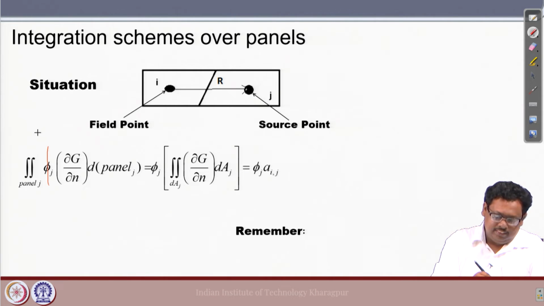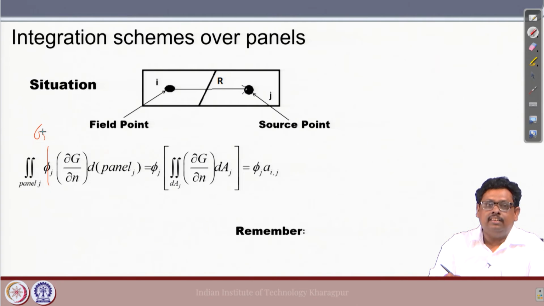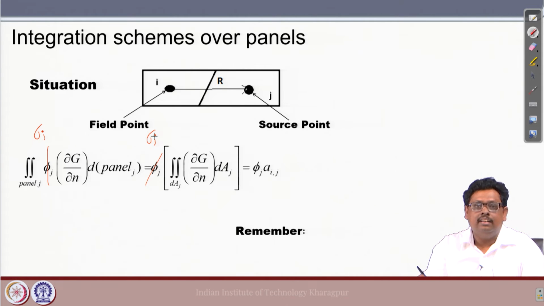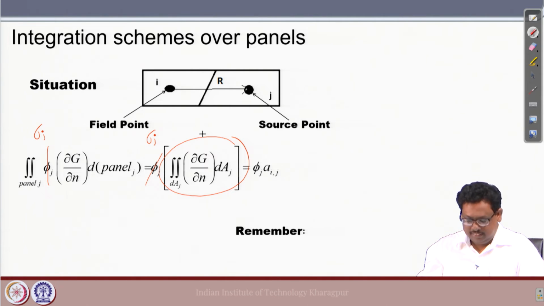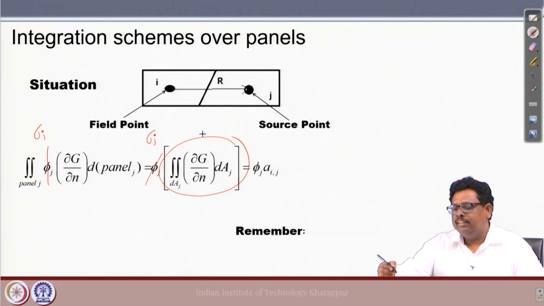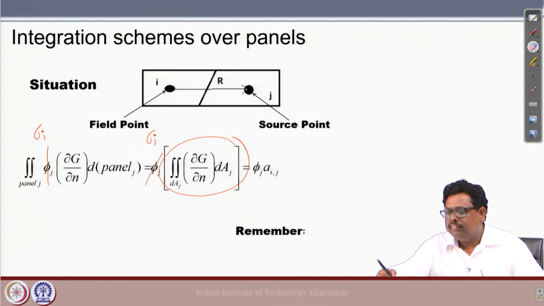Here it is actually sigma j, right. So, what I am doing is taking this sigma out of this integration sign, and then I am performing this whole integration. This is what we are going to do, right.